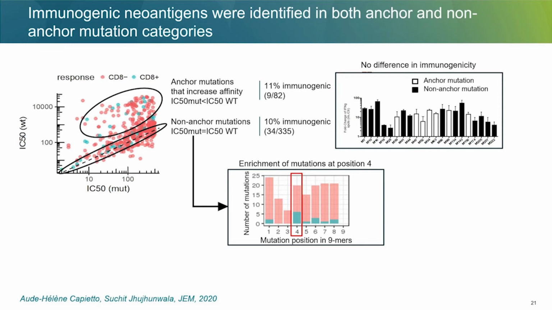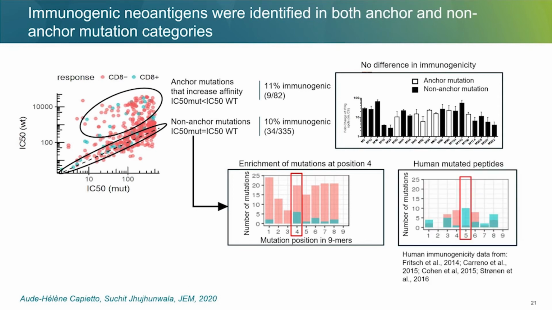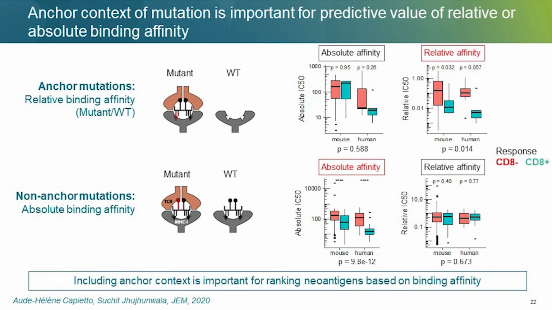And as I told you before, we had already preliminary data suggesting that if the mutation is in the middle, facing up towards the TCR, it's more likely to be recognized as immunogenic. And we also confirmed these results using a published dataset of human mutated peptides. And you can see here that there is an enrichment for mutations at position 5 when it comes to human peptides.